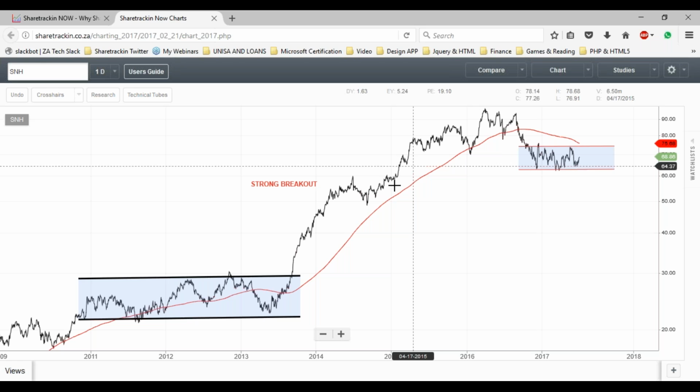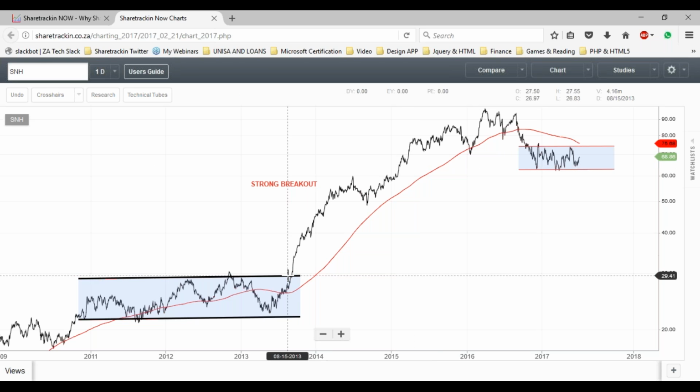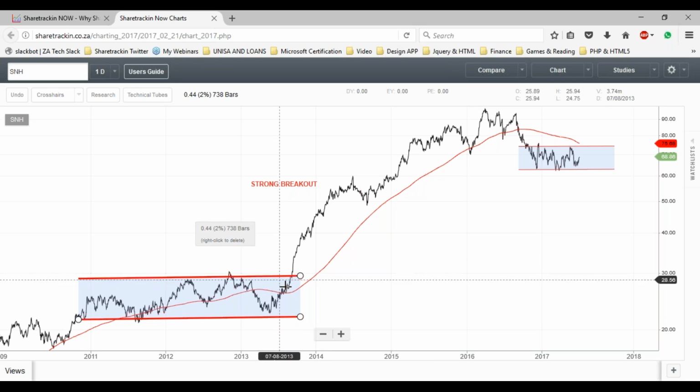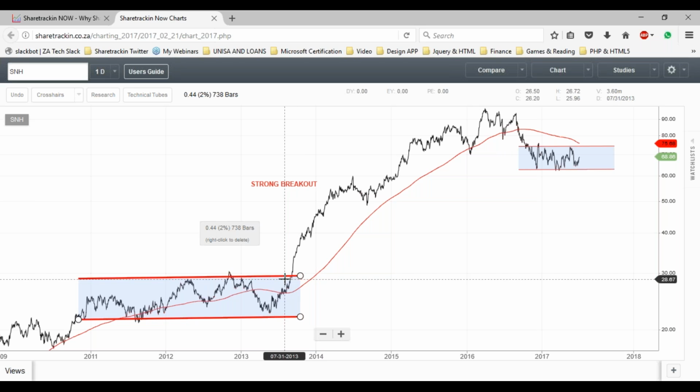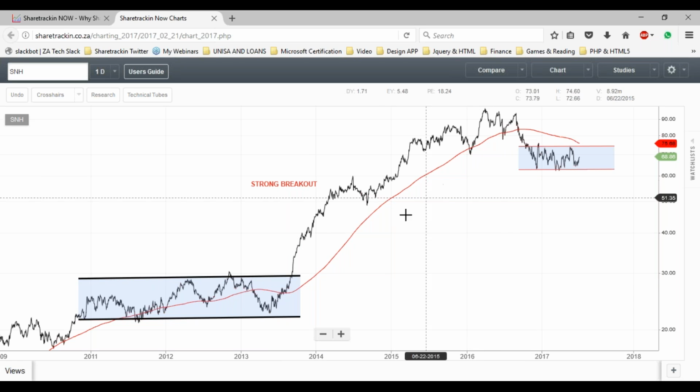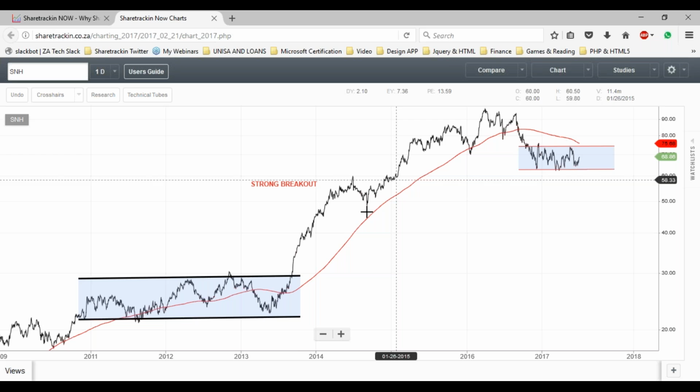But that can only occur if the share price breaks through this resistance level very strongly and moves upwards. Not only should it break above this resistance level strongly, it should also close. Its closing price should be above this previous resistance. Then we know the share is now rallying, and this is exactly what happened to the stock.